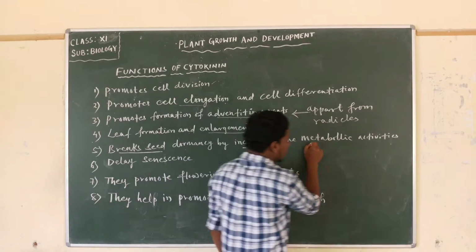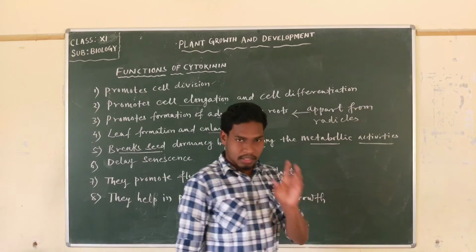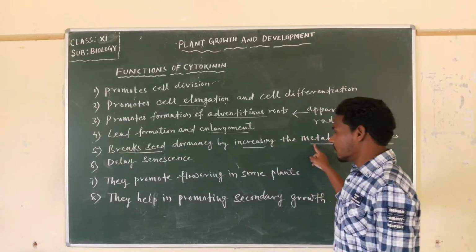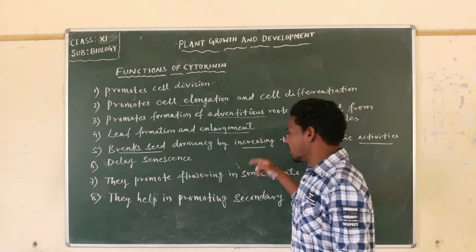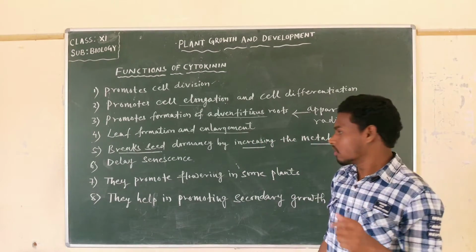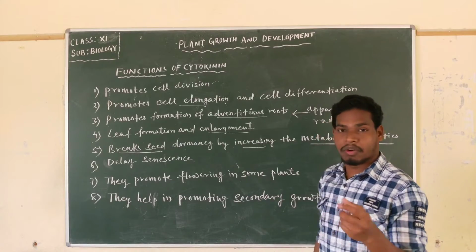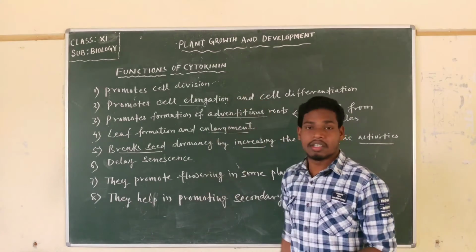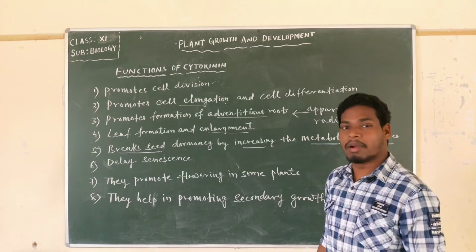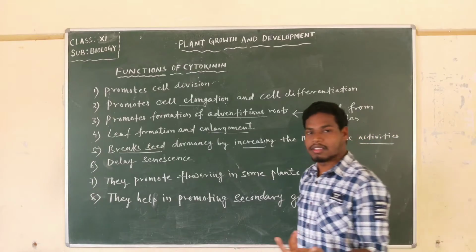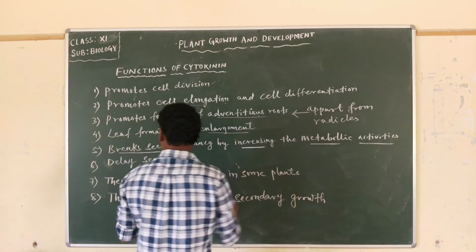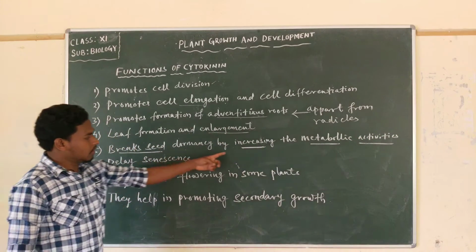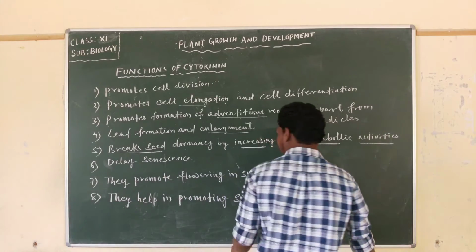By increasing the metabolic activity of the seeds. I have told you that seeds will produce enzymes by the action of cytokinin. They are nothing but amylases and proteases. So it breaks seed dormancy by increasing the metabolic activities.